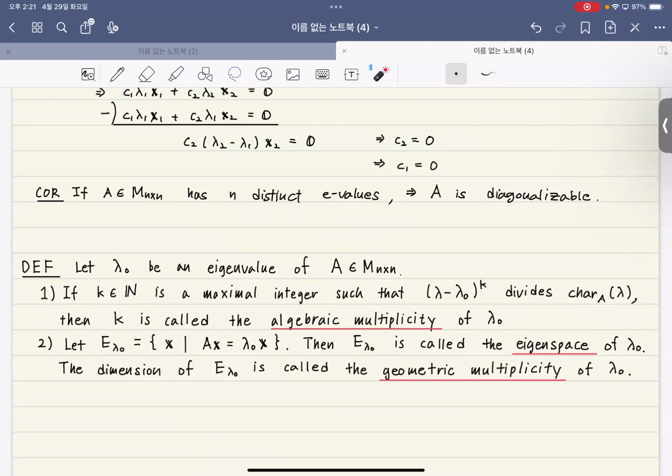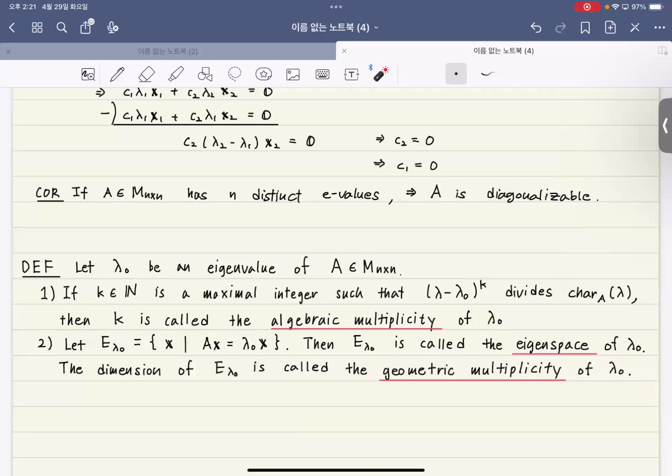Let me try to explain this. Lambda 0 is an eigenvalue of an n by n matrix A, and for any eigenvalue we can define two multiplicities: the algebraic multiplicity and the geometric multiplicity.